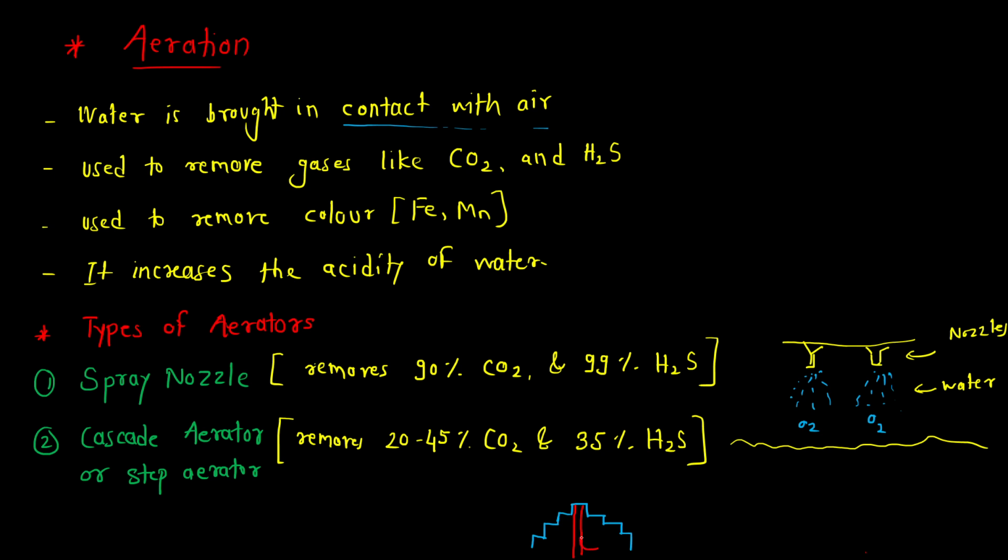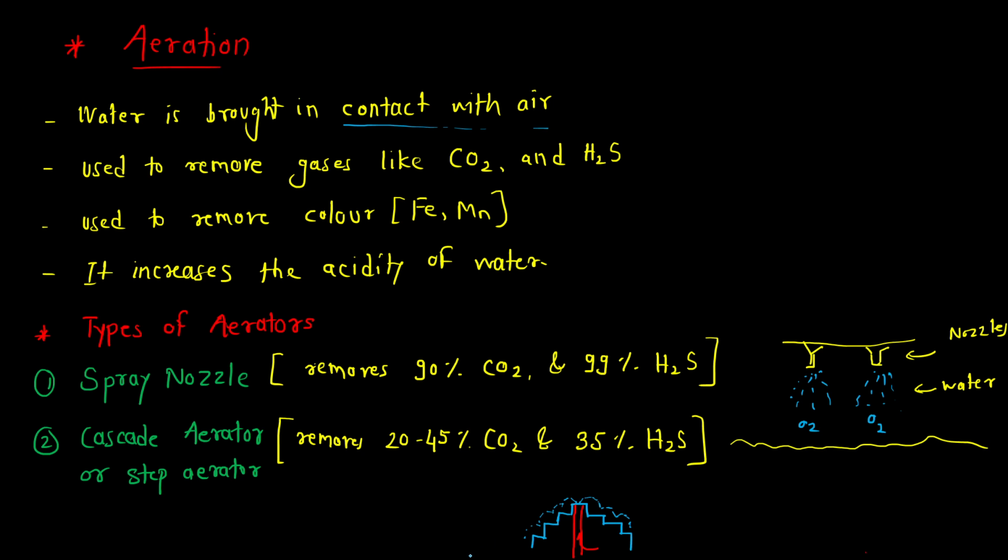Through this inlet, the water is transferred to the top of the step. The water comes here and starts falling on these steps and slowly flows down. During this flow of water from step to step downwards, the water comes in contact with the air. So this is called a cascade aerator or step aerator.